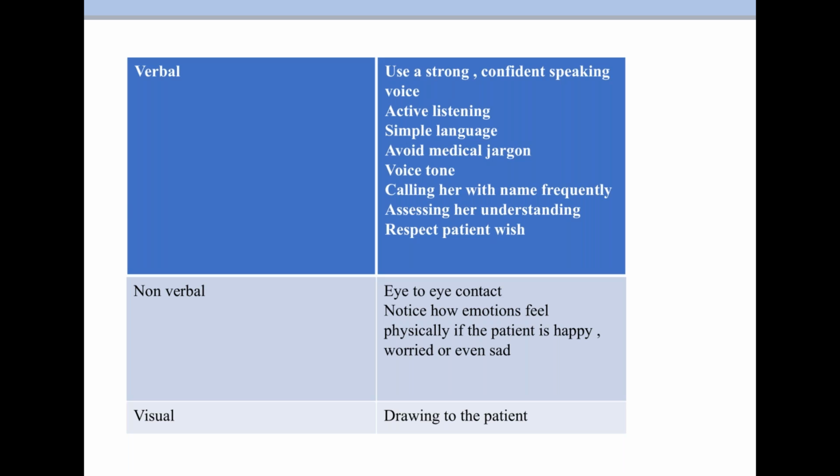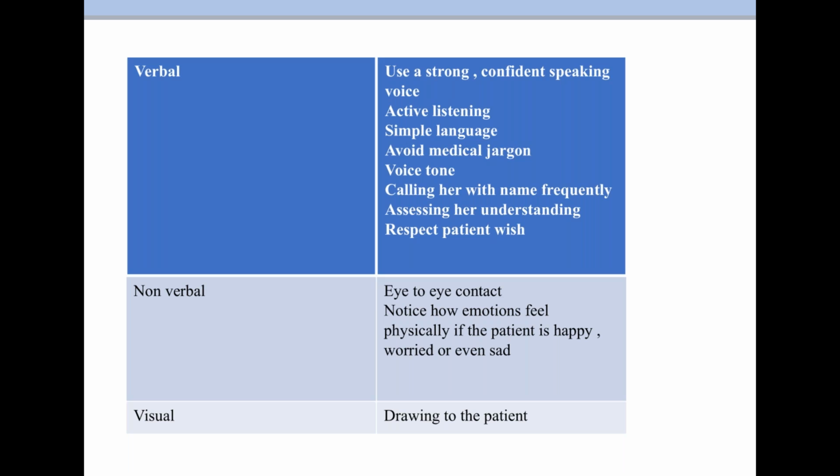Okay? So that's to protect yourself if you forget to assess her understanding. But it's better if you ask her all the time, do you understand what I'm talking about? And do you have any questions so far? So inviting a question as well is a very important verbal communication skill.